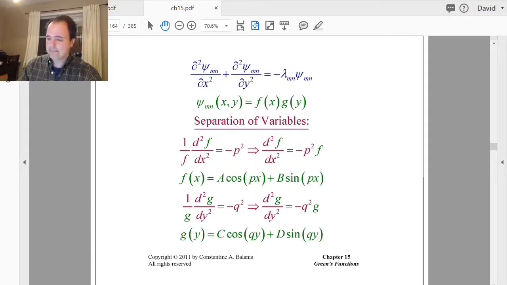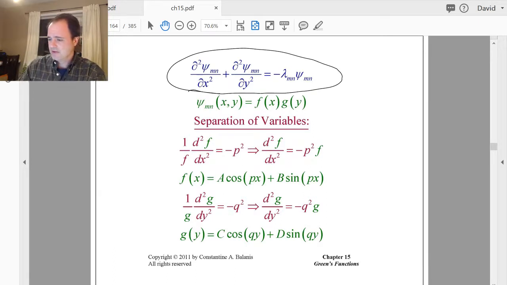So now, okay, the next step is that you will need to look at the homogeneous equation and find the eigenvalues and eigenvectors for this. Okay, so we're going to do this in a couple of ways.